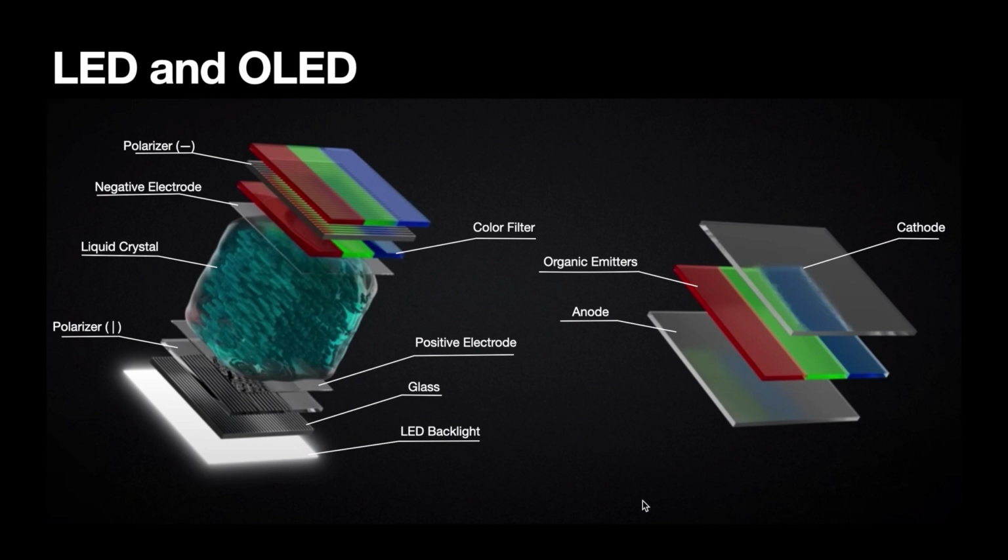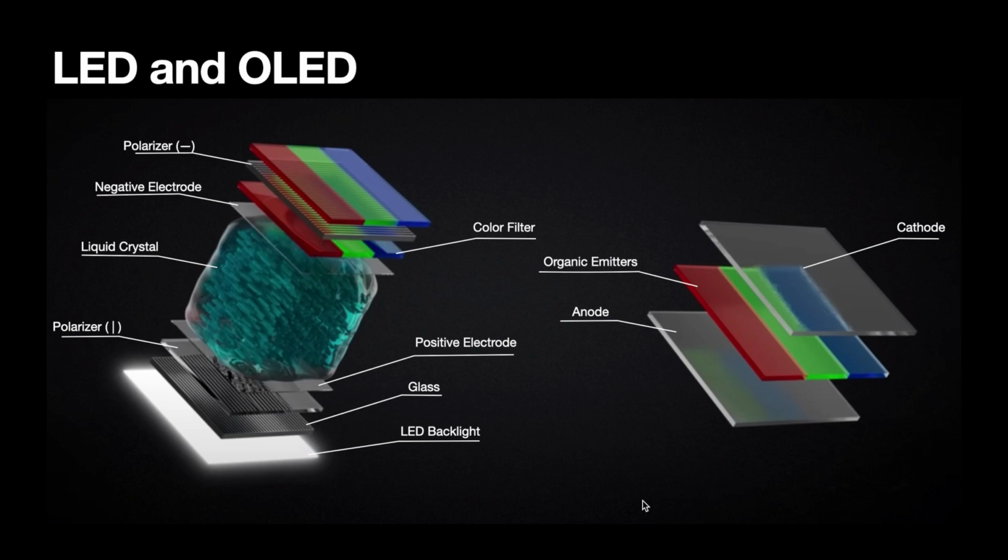So the liquid crystal here is just like a switch. It can control the amount of light for each color, red, green, and blue, so that we can mix any color we want. On your right hand is OLED.